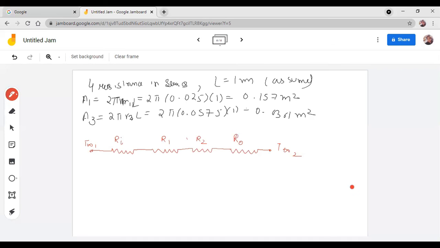This Ri is the convective thermal resistance, and Ro is also the convective thermal resistance of the outer surface. R1 is the thermal resistance of the pipe, and R2 is the thermal resistance of insulation. So I'll just quickly write this. This is pipe, and this is insulation.